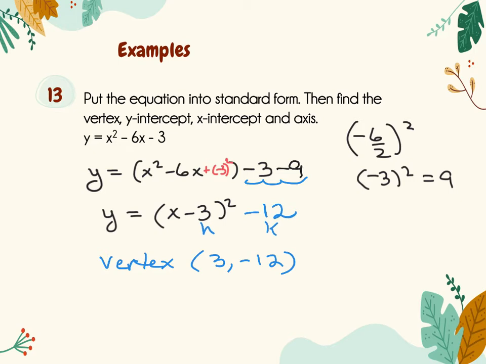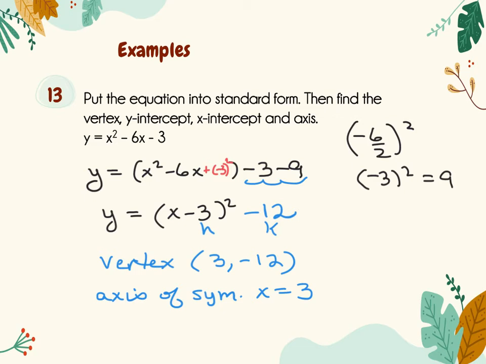When you pull the h out, remember the subtraction sign in front of it is part of the equation, so it's opposite of what you would think. My axis of symmetry is always an equation. If you just tell me it's 3, you're going to lose points on a test. So my axis of symmetry is the equation x equals 3.